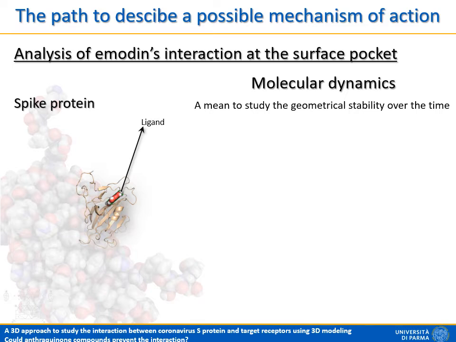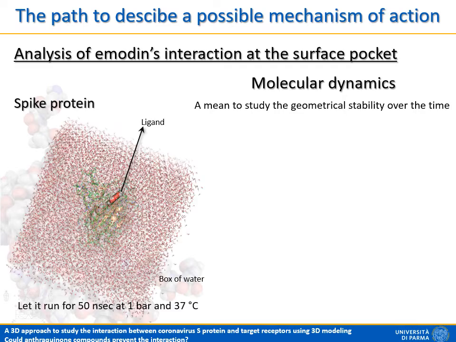In particular, we put the spike protein-ligand complex in a box of water and let it run for 50 nanoseconds, to check whether or not ligands were able to disrupt the structural organization of the spike protein, because we assume that the specific organization reported by crystallographic studies is extremely important to have a functionally active protein.